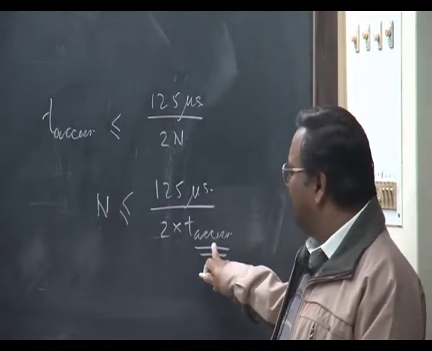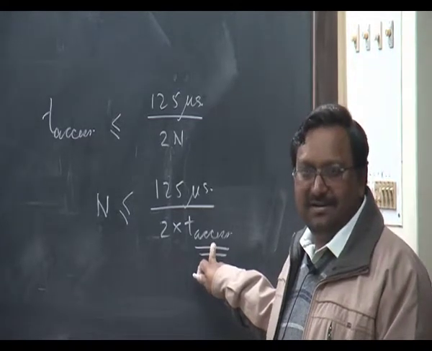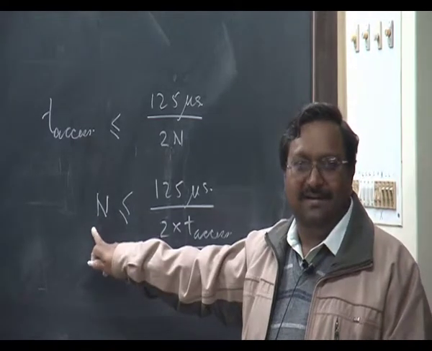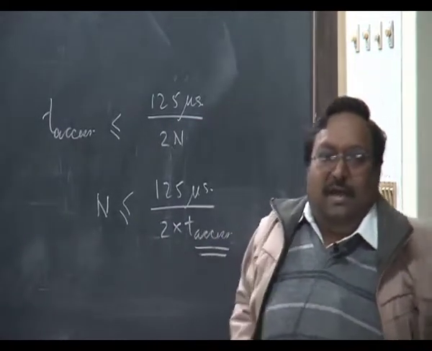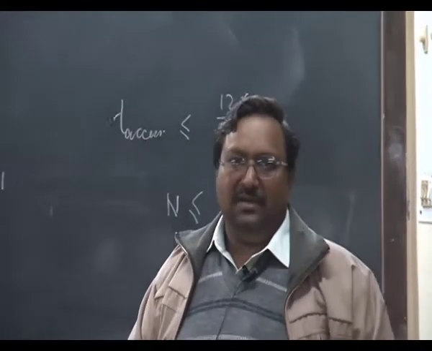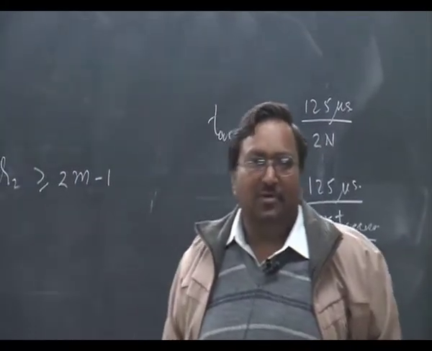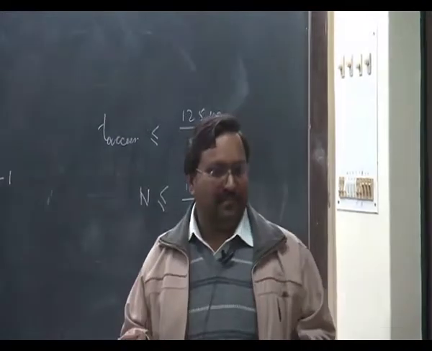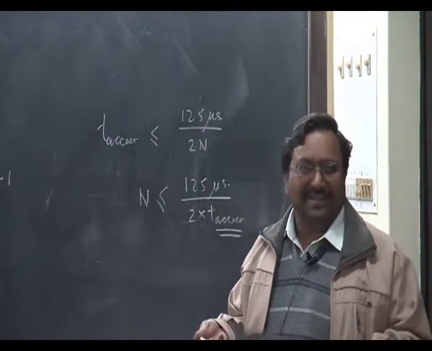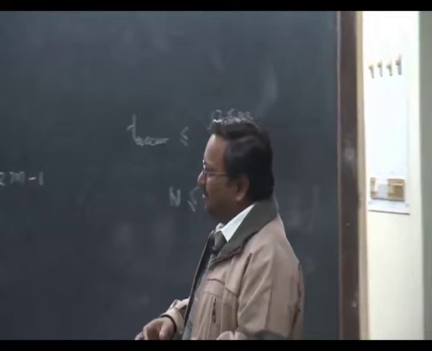So, this value if you keep as small as possible, you can have higher and higher n. So, n is also limited. In any time switch you cannot have n very large. So, how to solve this particular problem? I cannot create a very large dimensional time switch, so we have to do something here.